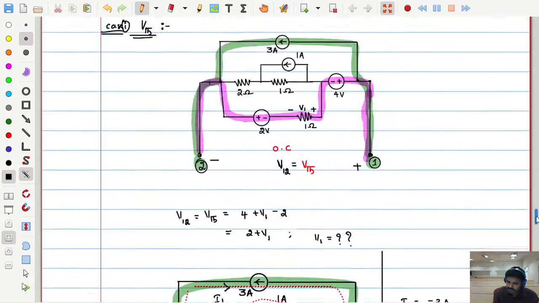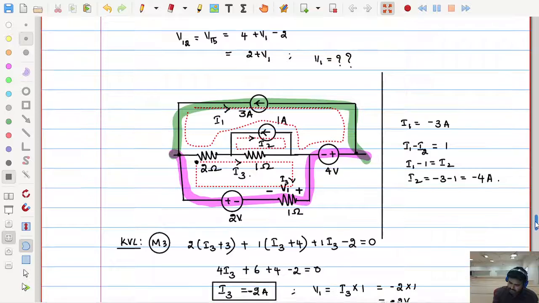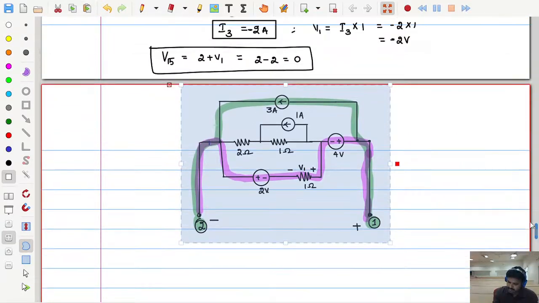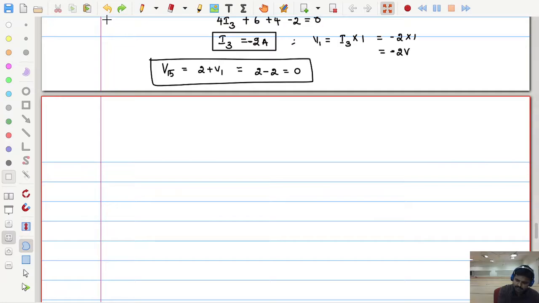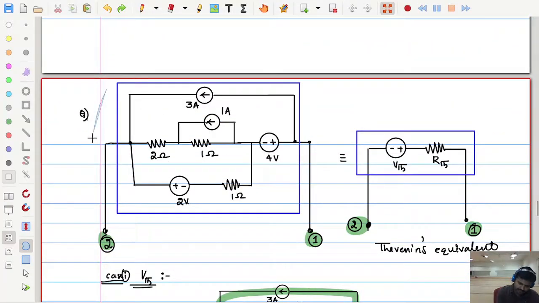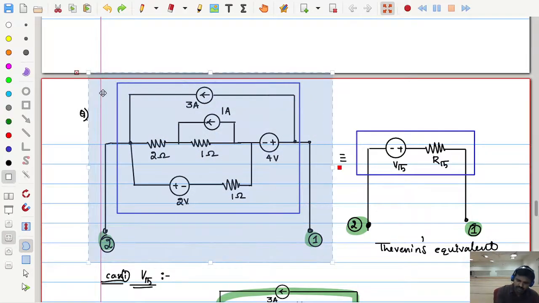Now just quickly let me show the RTH determination equivalent circuit. Let me take the original circuit again to determine the RTH. This is the original circuit.